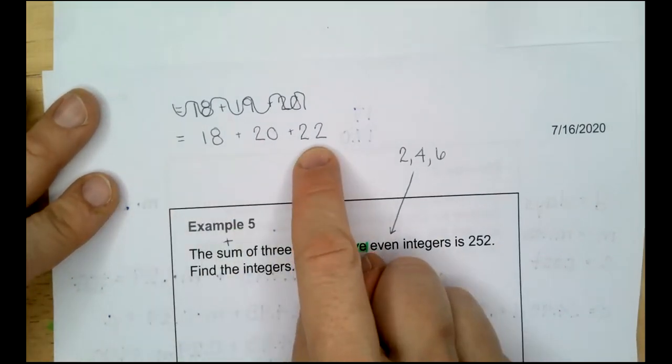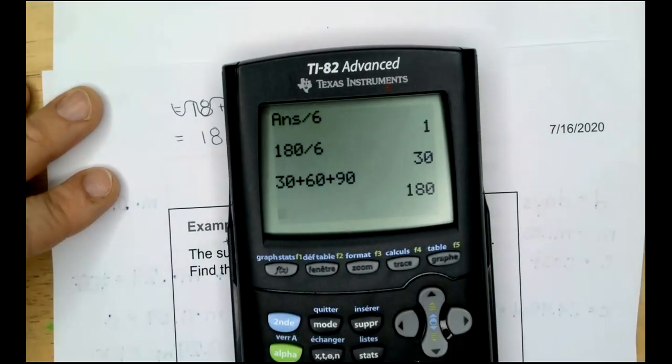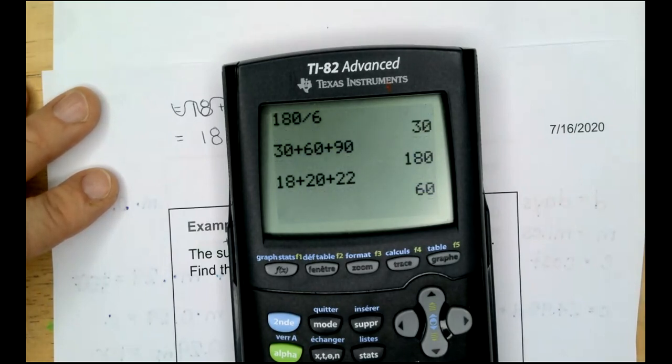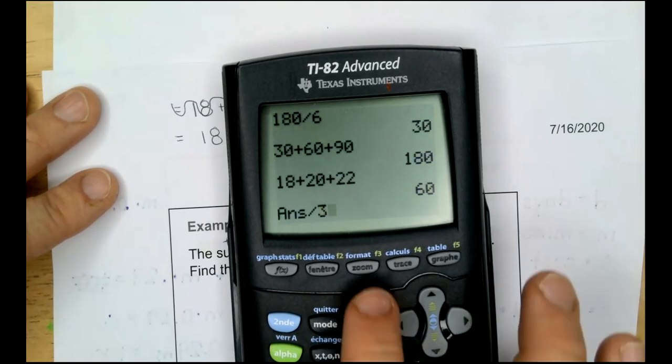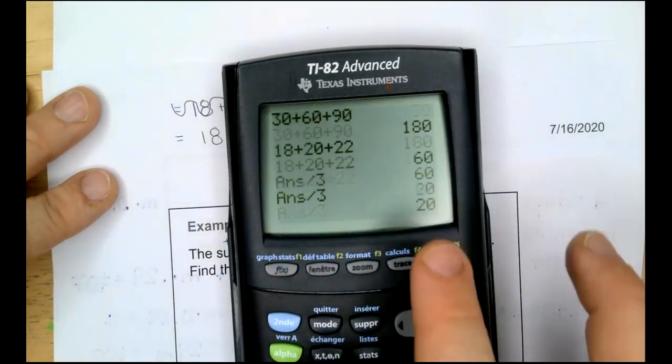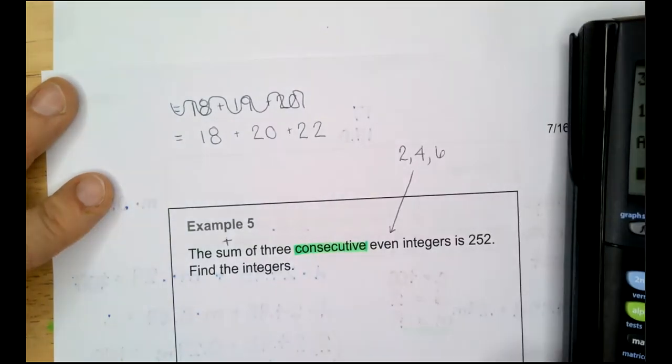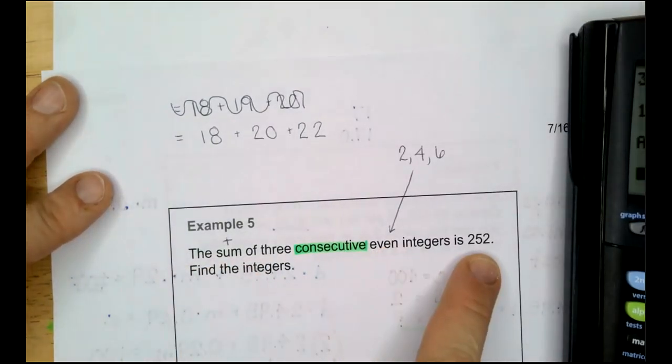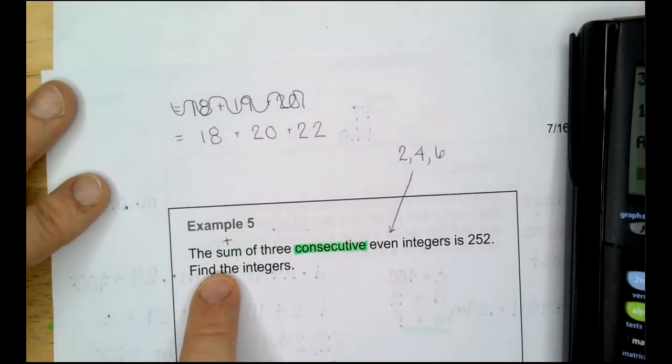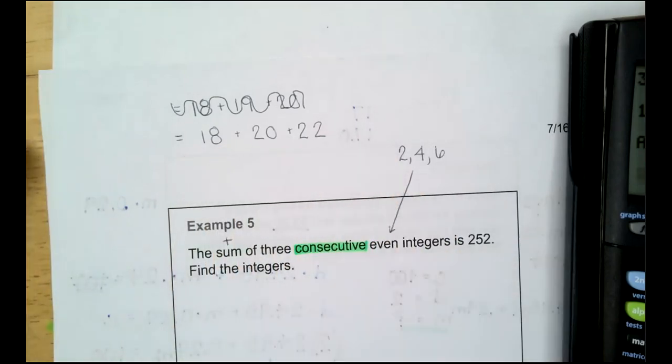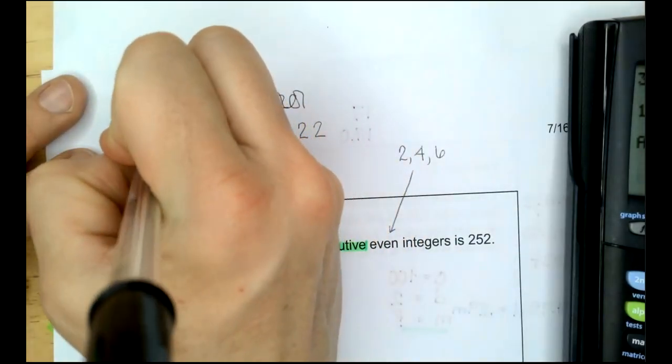Right? This is the sum of 3 consecutive even integers, 18 plus 20 plus 22. You get 60, right? 60 divided by 3, because those were 3, is your middle number. So that's funny. The sum of 3 consecutive even integers is 252. Find the integers. The sum of 3 consecutive even integers here is 60, okay?